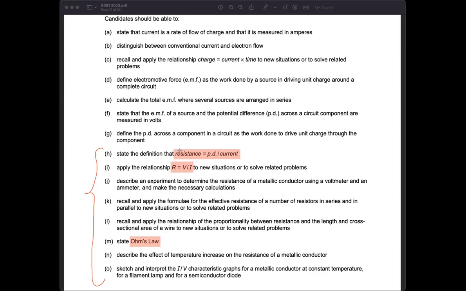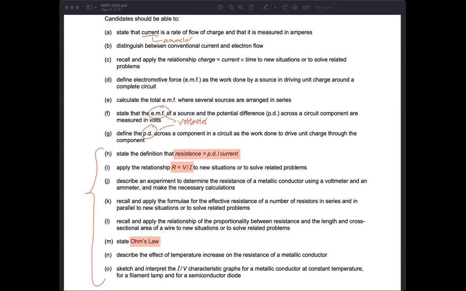In electricity, for current, we use an ammeter to measure. For EMF and PD, we use a voltmeter to measure. For resistance, there's no resistor meter at all. So in O level, how do we measure resistance?